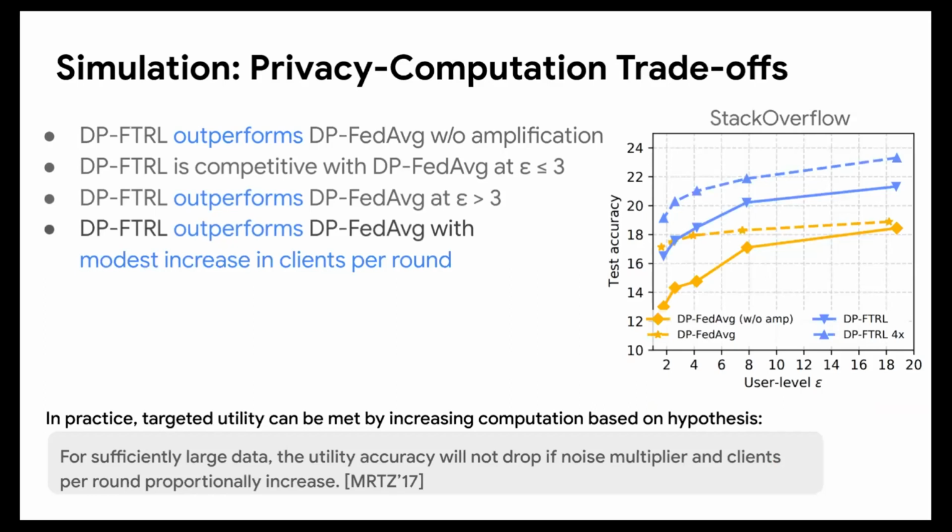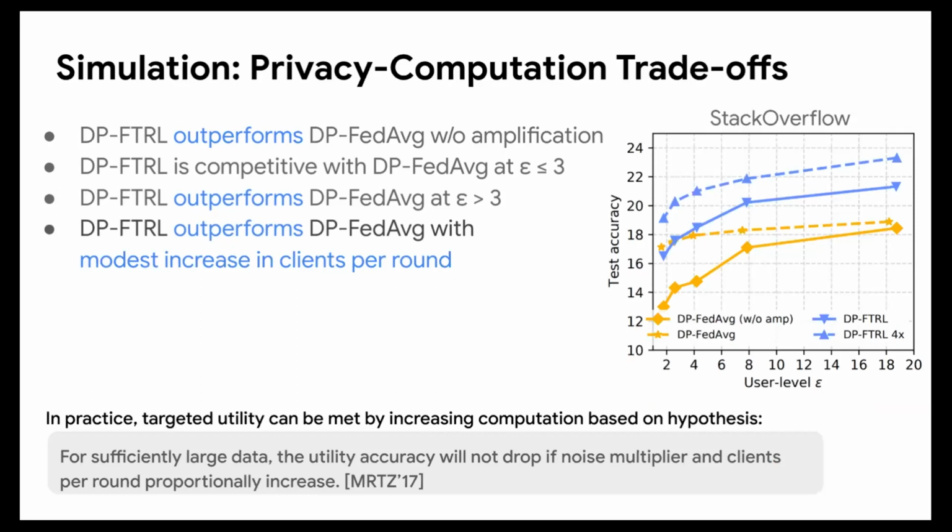Another thing we want to show you is that with some moderate increase in computation, specifically here, the number of clients per round, DP-FTRL can outperform the DP-Fed averaging algorithm. So we use 4 times the number of clients for the dashed blue curve.